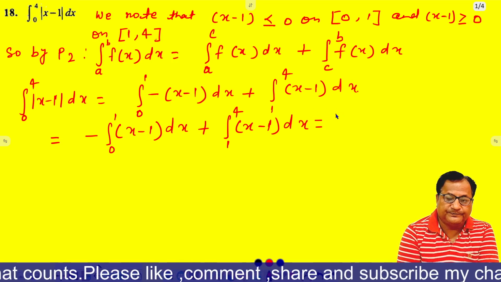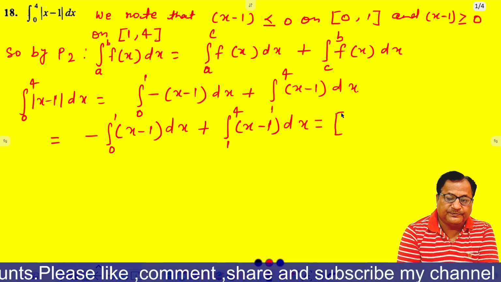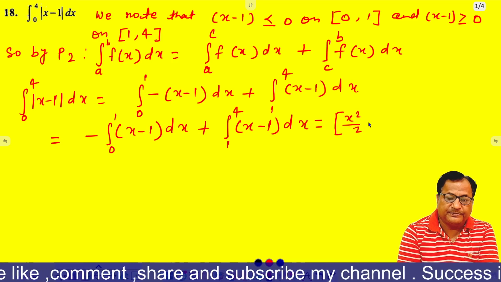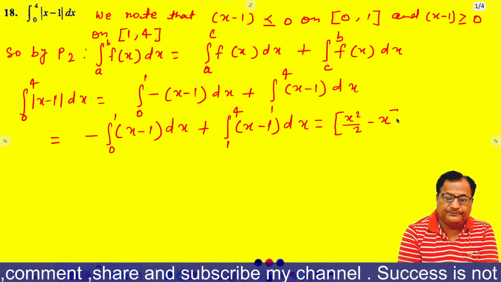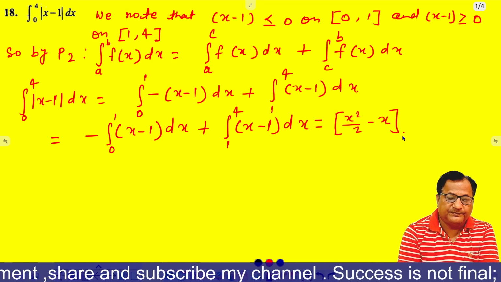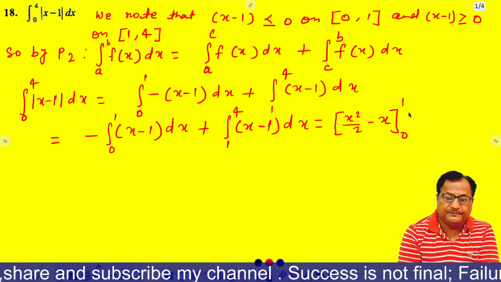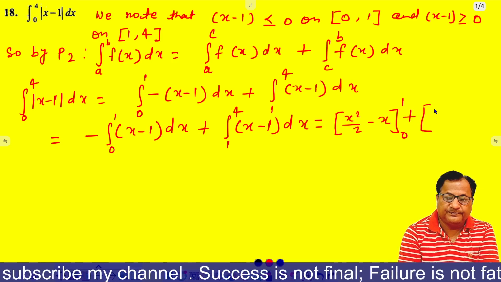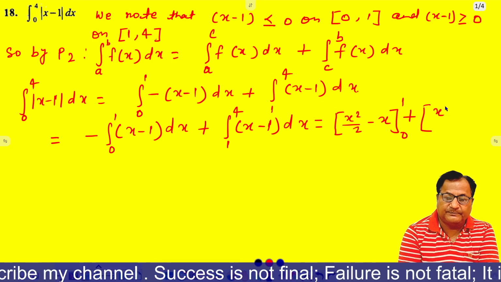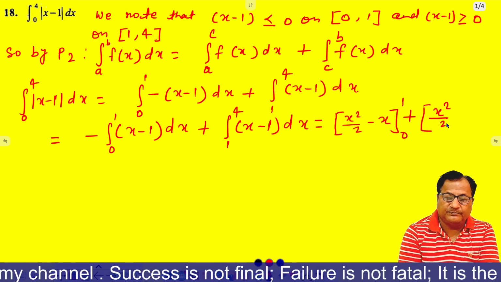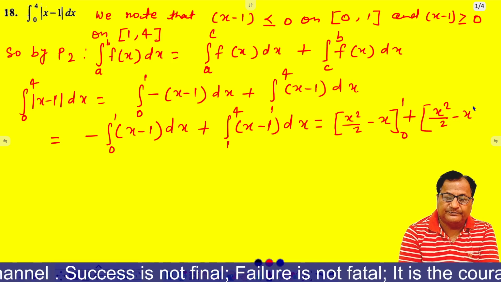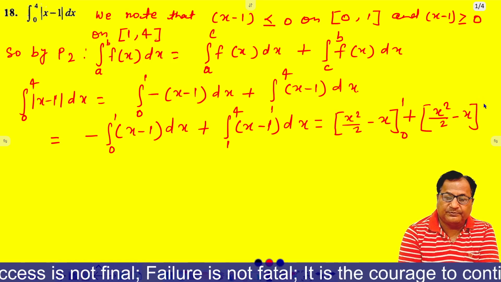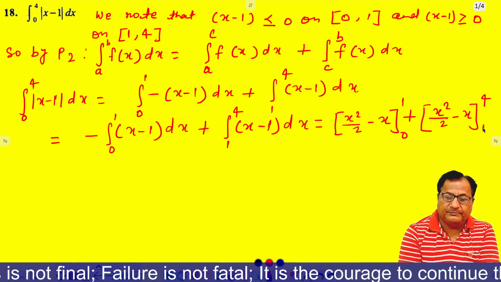The integration of x will be x square by 2 minus x, from 0 to 1, plus x square by 2 minus x, from 1 to 4.